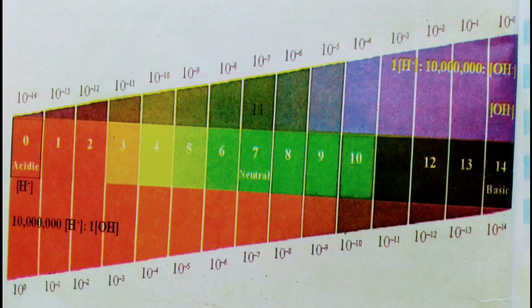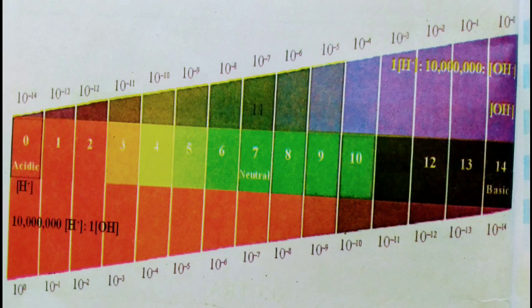If it is light yellow or orange, we can understand that the salt is acidic in nature. If it gets purple colors, then it is basic in nature.